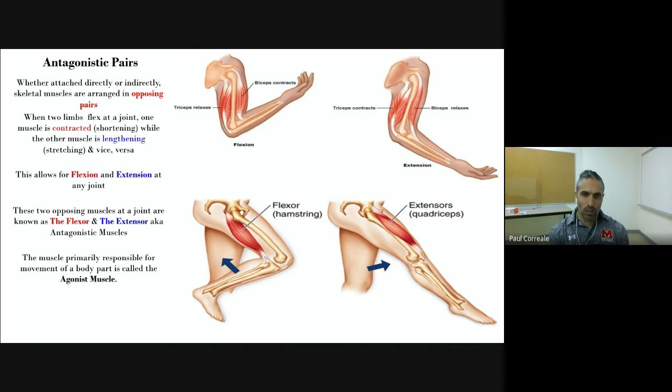The agonist muscle is the one that is responsible for moving that body part. So in a bicep curl, our prime mover would be the bicep, but we would also call this the agonist as well, because it is responsible for that movement. And the muscle that's counteracting or lengthening the movement, we would call the antagonistic muscle, okay, between the two.